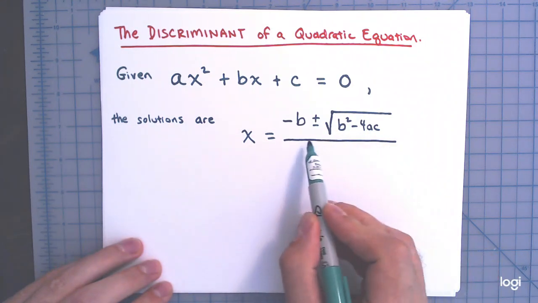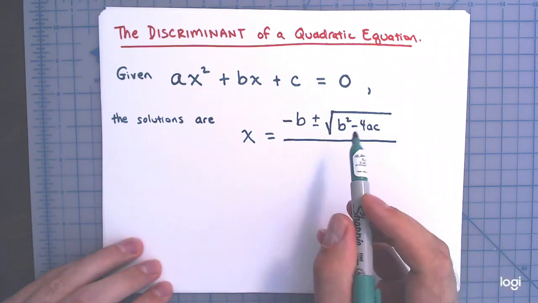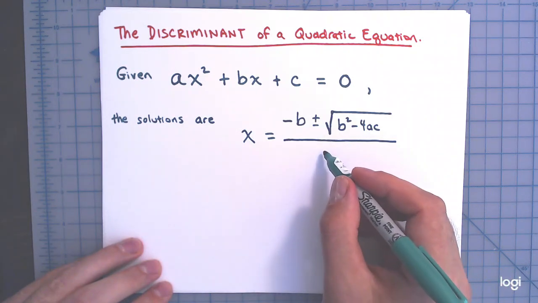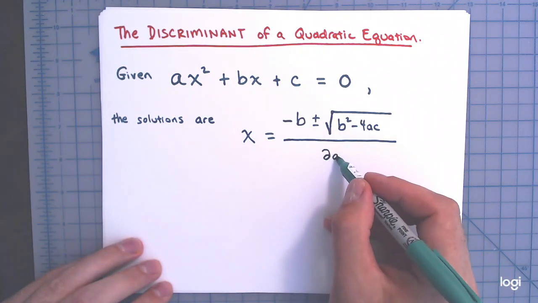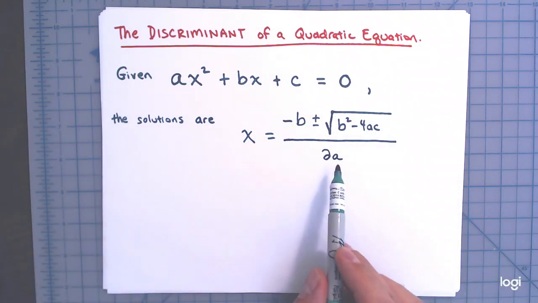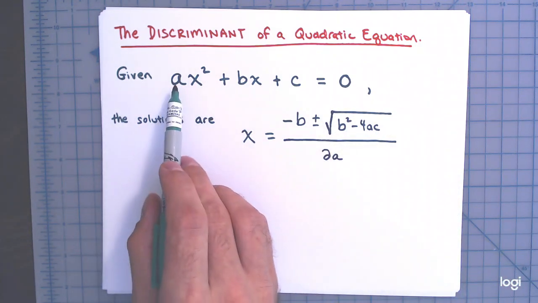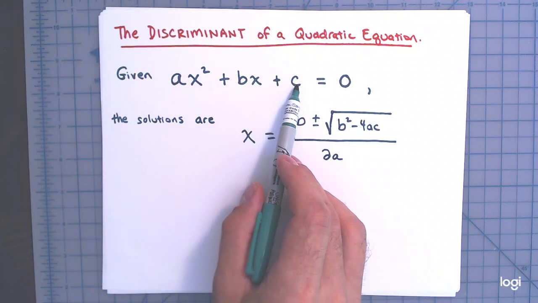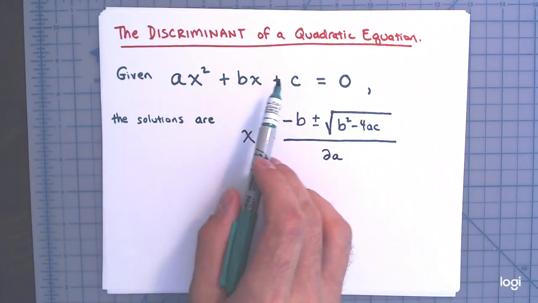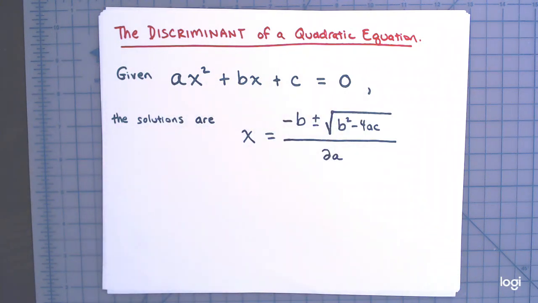So the big division bar here, and in the denominator 2 times a, where this a, b, and c are again just the coefficients of the quadratic polynomial when it's in standard form, the ax squared plus bx plus c equals 0.